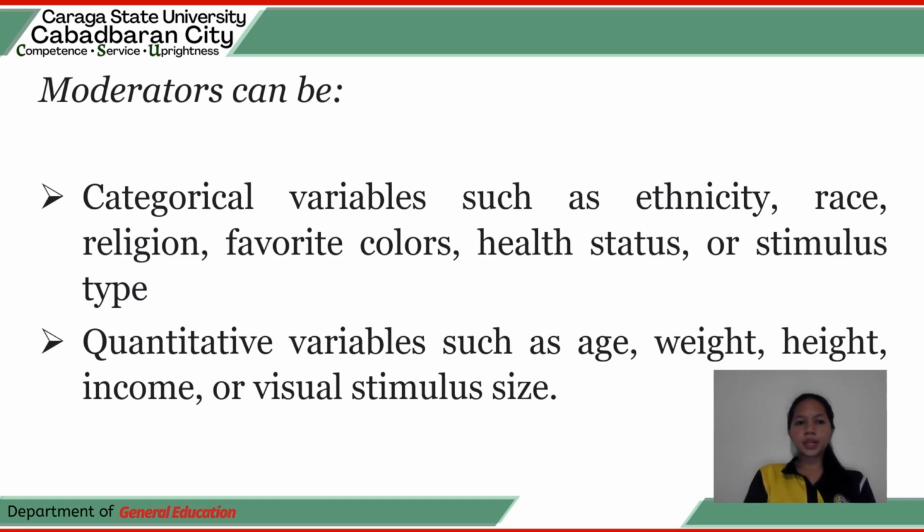Moderators can be categorical variables such as ethnicity, race, religion, favorite colors, health status, or stimulus type. These categorical variables are qualitative variables. On the other hand, there is also a quantitative variable such as age, weight, height, income, or visual stimulus size.